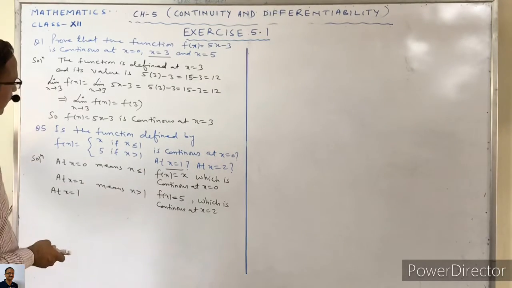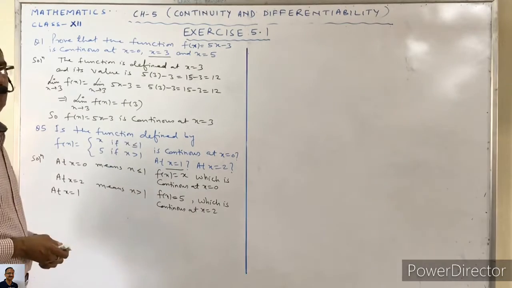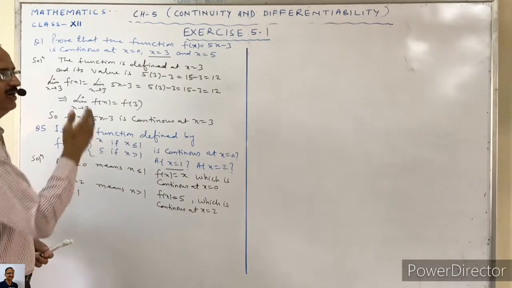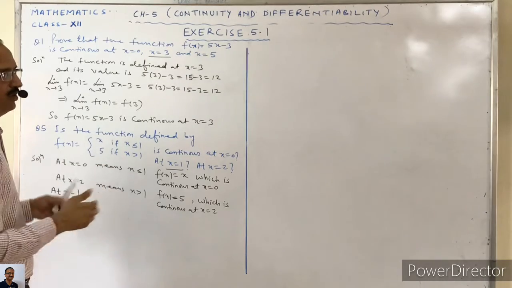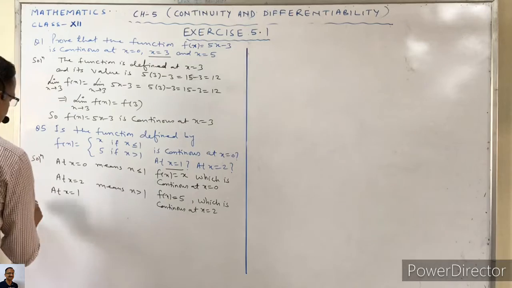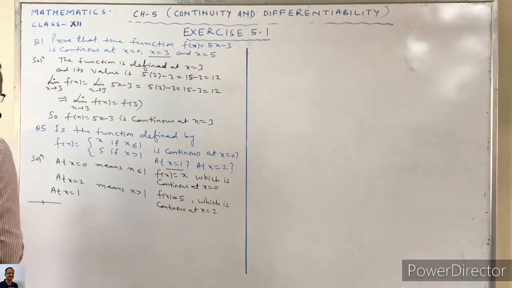It means we approach towards 1 from the left side, from the right side, and at the point, and check if all the three values are same. Suppose this is 1.